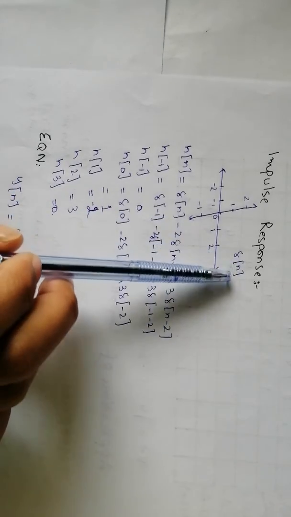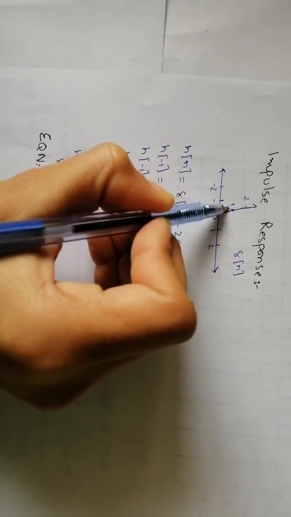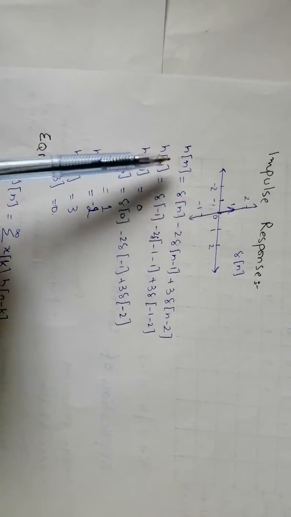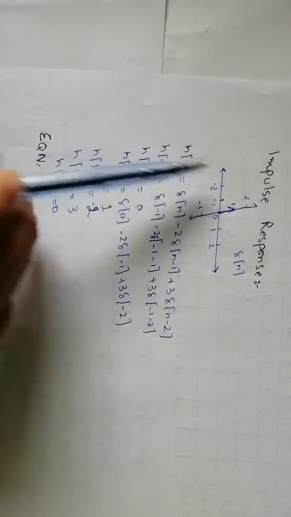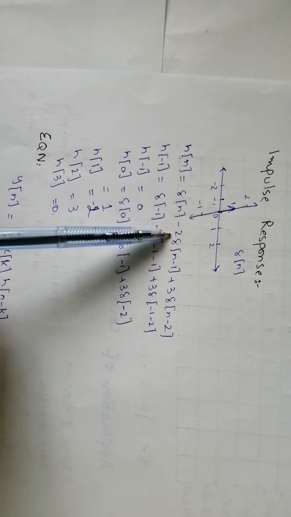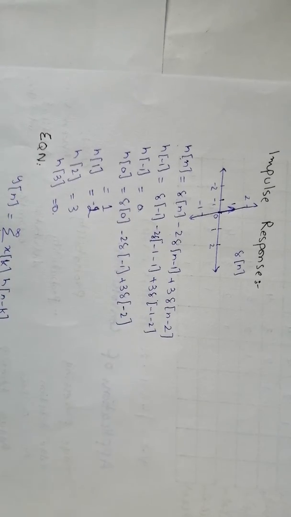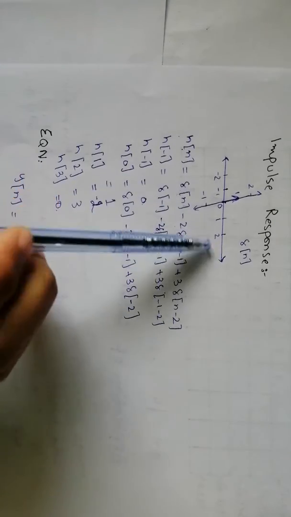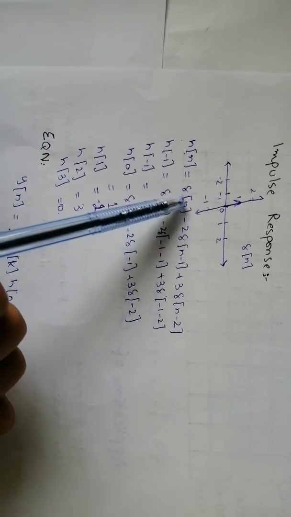We know that the impulse signal gives value at 0 only, so it gives 1 at 0. So we convert the system into impulse response: instead of y of n, we write h of n is equal to delta of n minus 2 delta of n minus 1 plus 3 delta of n minus 2. So we can use this impulse response in this way, that delta of n is equal to 1.